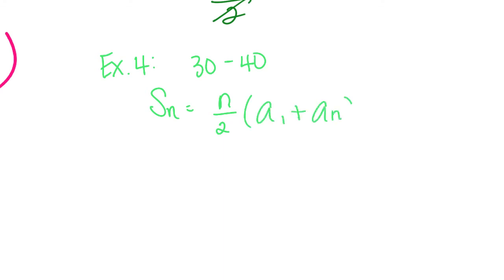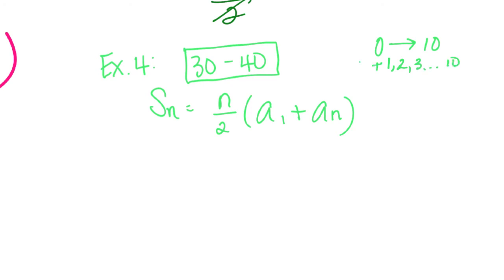the only thing that you have to remember is that from 30 to 40, there are not 10 terms. I know you're thinking, wait, 40 minus 30 is 10. You are correct. But remember, from 0 to 10, there are 11 terms, because we have 1, 2, 3, all the way to 10, plus that 0, which gives us 11 terms.